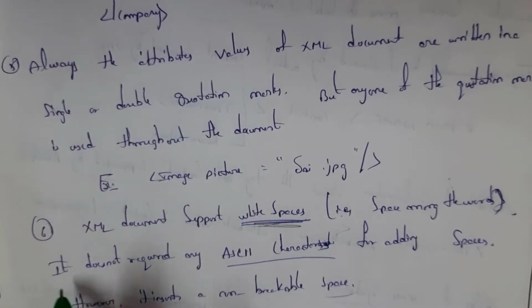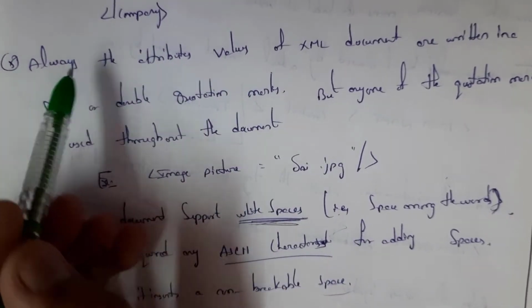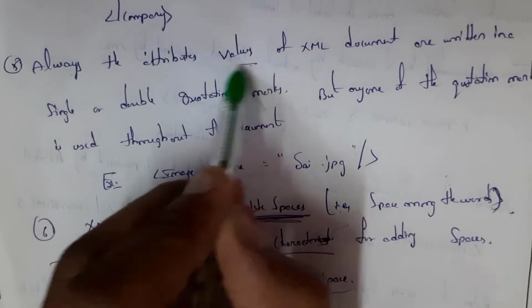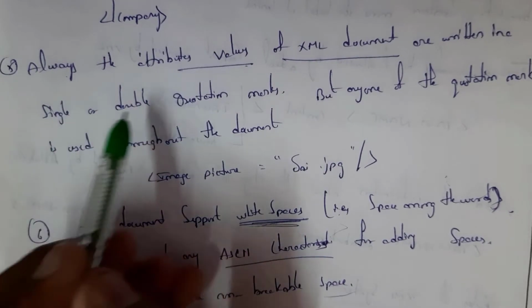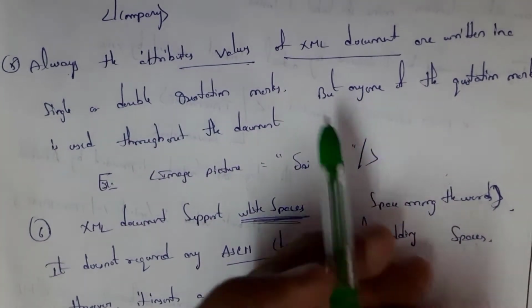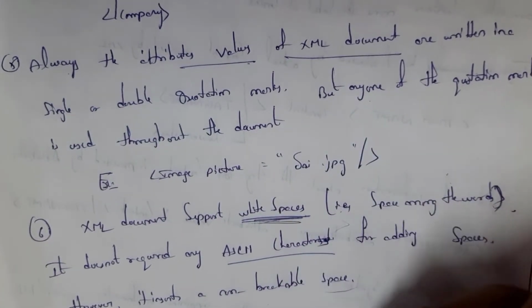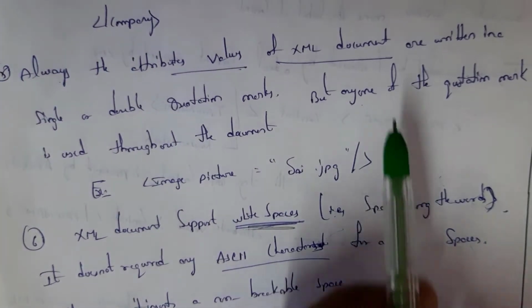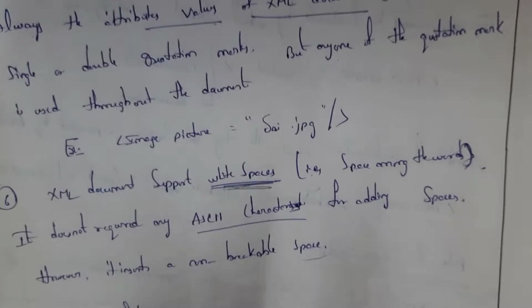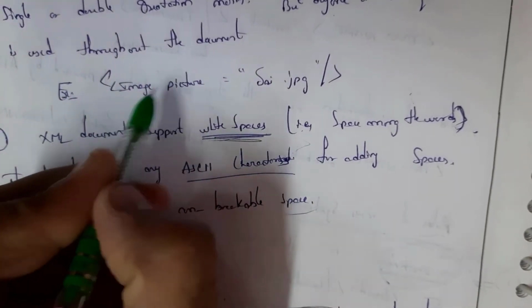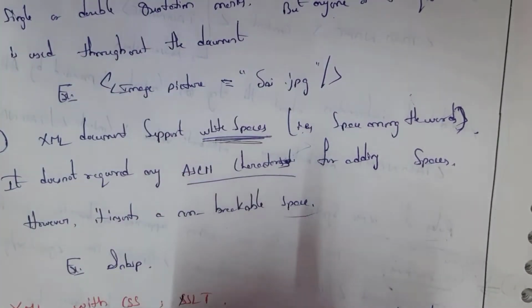And the fifth property is, attribute values of XML documents are always written in single or double quotes, but any one of the quotation marks is used throughout the document. See this example. In this I am going to upload a picture.